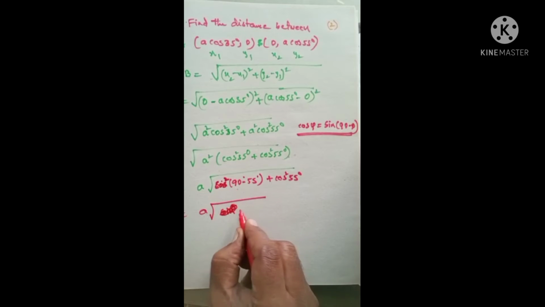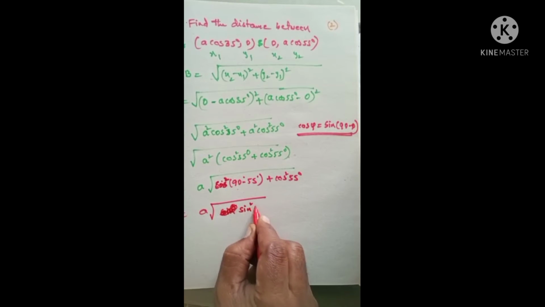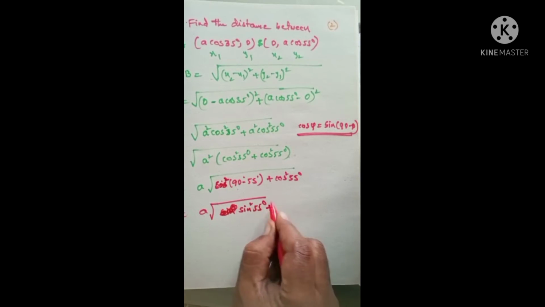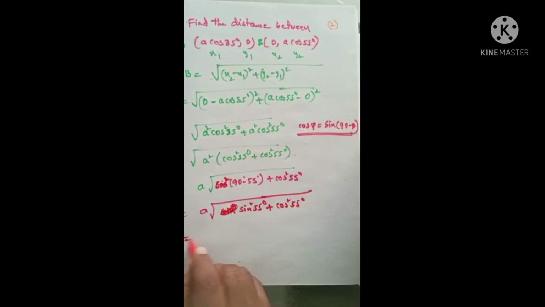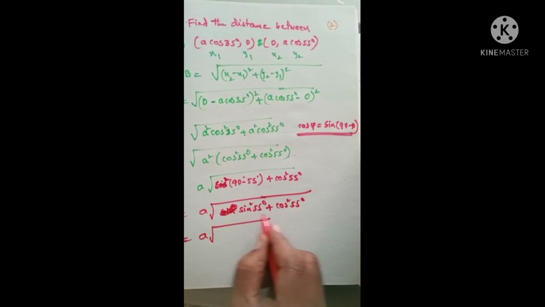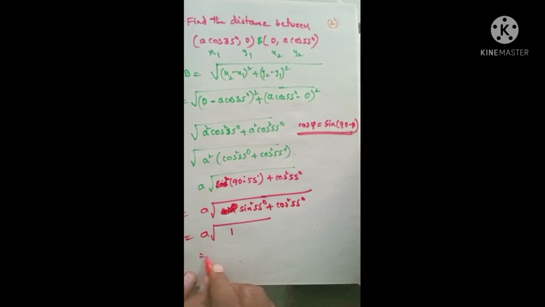So cos of 90 minus theta is equal to sin, giving sin square 55 degrees plus cos square 55 degrees. Now you see, under root of sin square theta plus cos square theta is 1. So a into 1, that is equal to a units, is the answer.